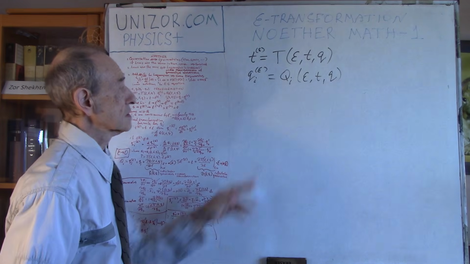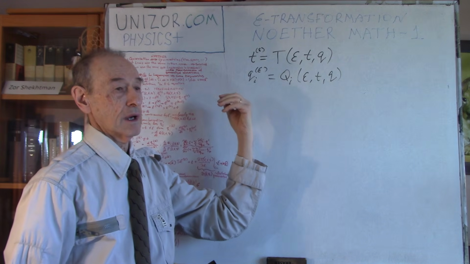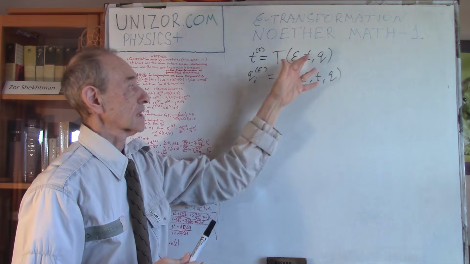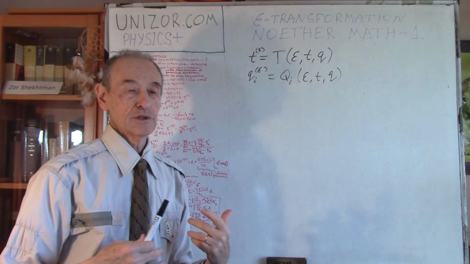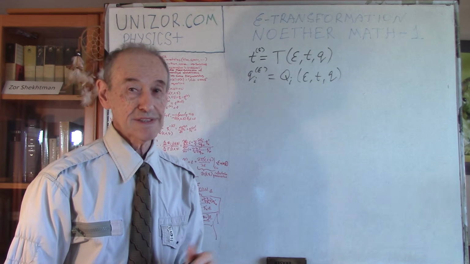A couple of words about this parameter epsilon. Epsilon characterizes how exactly the transformation is done. Now, we would like to have this transformation to be nice in some way.